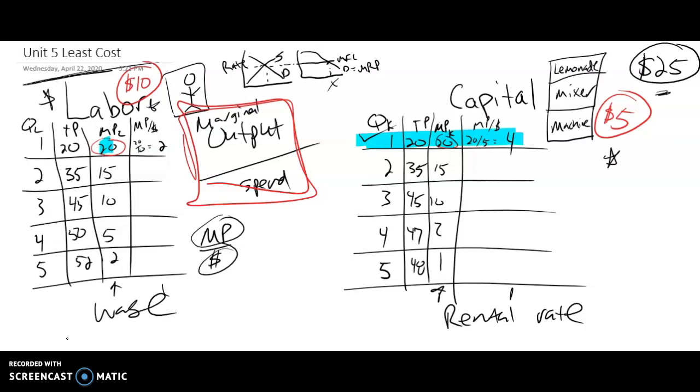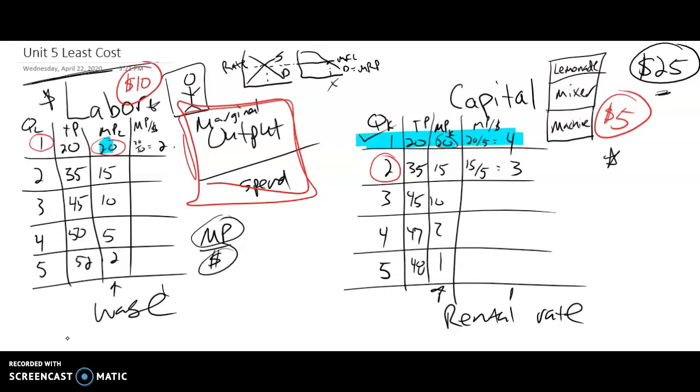And then the question is, well, do I hire this one next? Well, I don't know yet. What we want to do is compare. Now I'm comparing between this first one over here and this second one. And I want to know which one's a better deal now. So I can look at the next row and I can say, well, this is 15 divided by $5 that I have to spend, which equals 3.